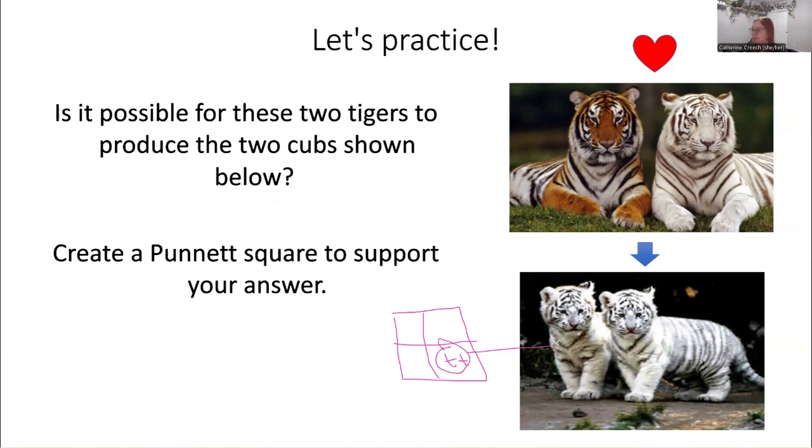That's the offspring we're looking for here, from a homozygous recessive parent and at least a dominant trait-having parent. And the answer is yes, but only if this orange tiger is heterozygous. If this orange tiger is homozygous dominant, then no, you would not have any of these white tiger babies.